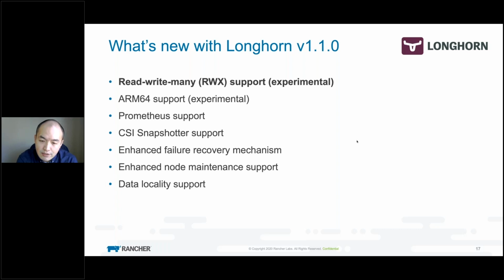So the data locality support we're adding here tries to schedule a replica co-located with your workload. So even when the network is disconnected for a brief period of time, the workload itself still has access to the volume by using the local replica. And when the network comes back, Longhorn can automatically pick up where it left off previously and start rebuilding other replicas if needed.